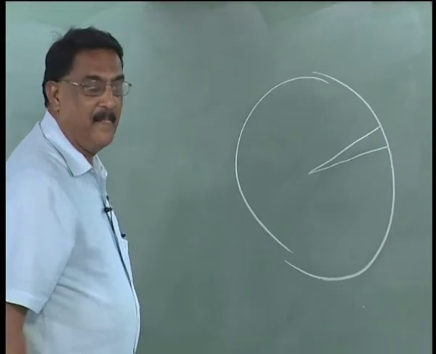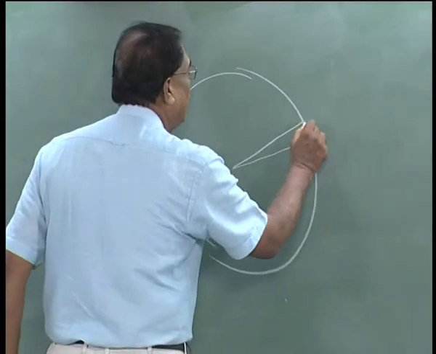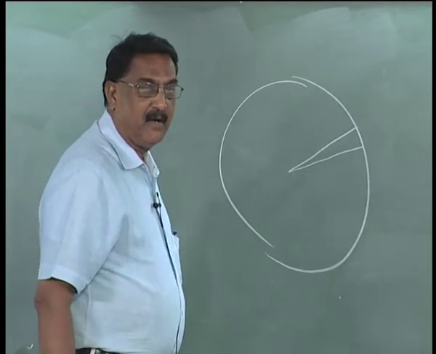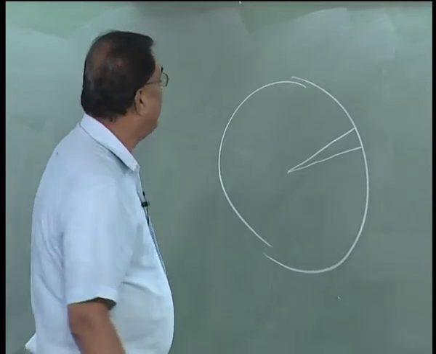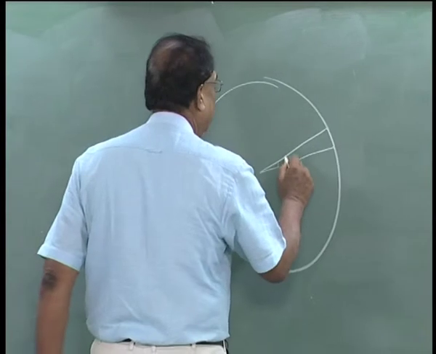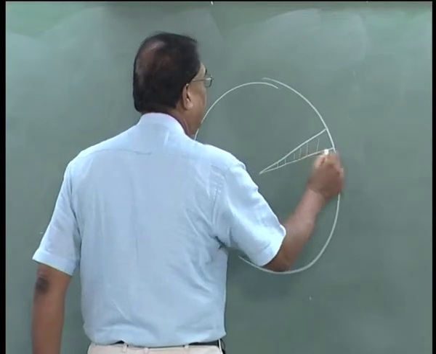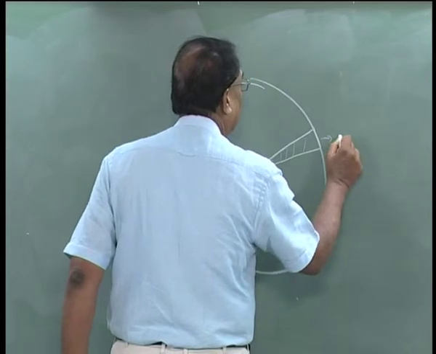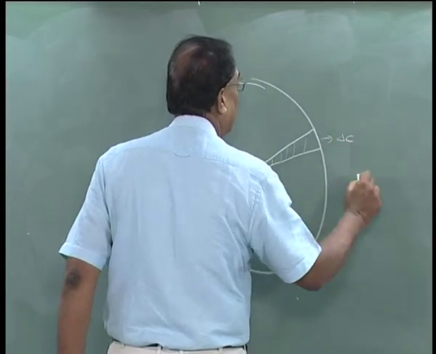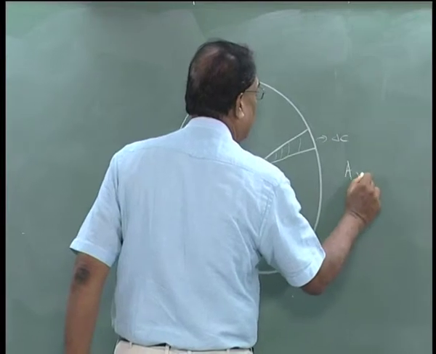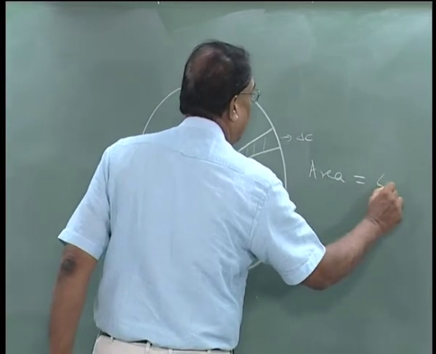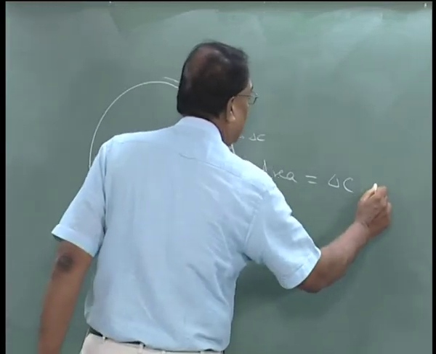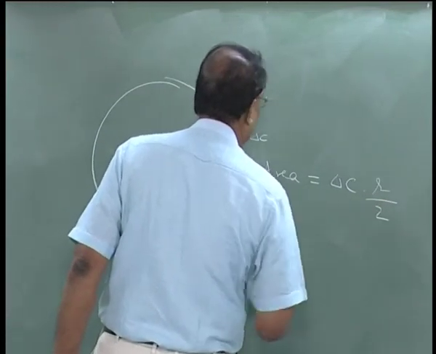If a small segment, this arc, can be approximated by the chord itself, so that it can be considered as straight, then the area of this bit, this segment, where this is some delta c, will be delta c into the height, which is the radius itself, r, divided by 2.